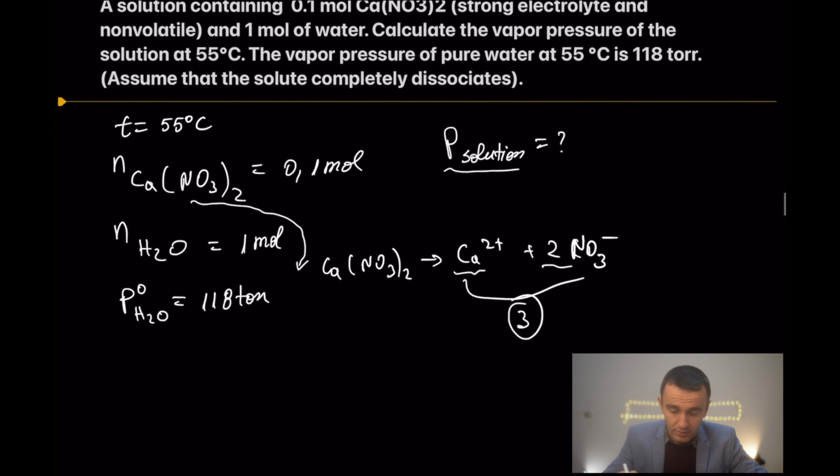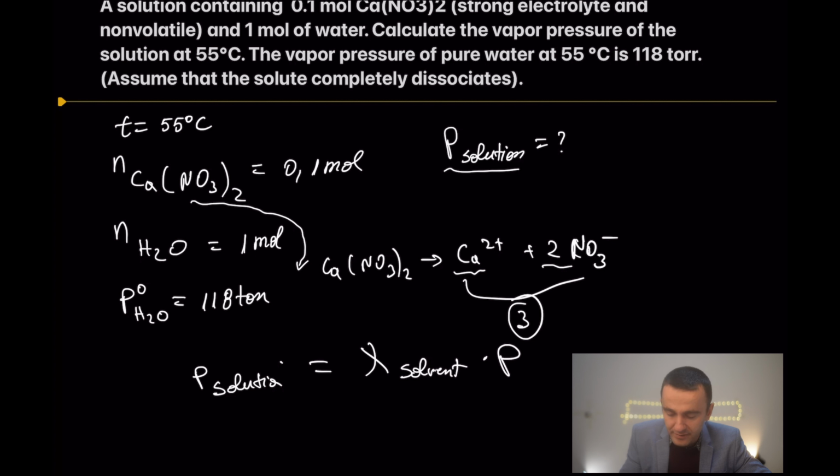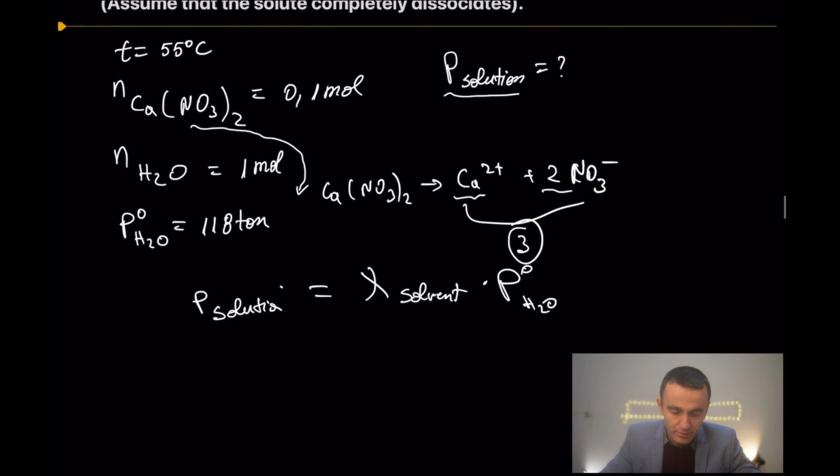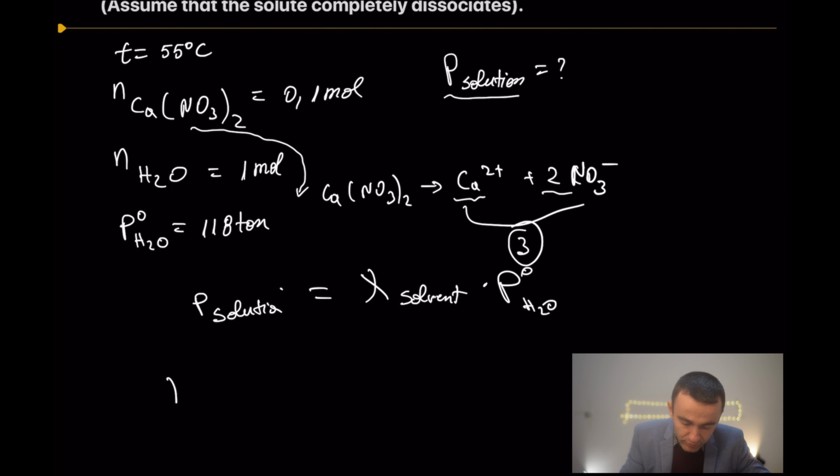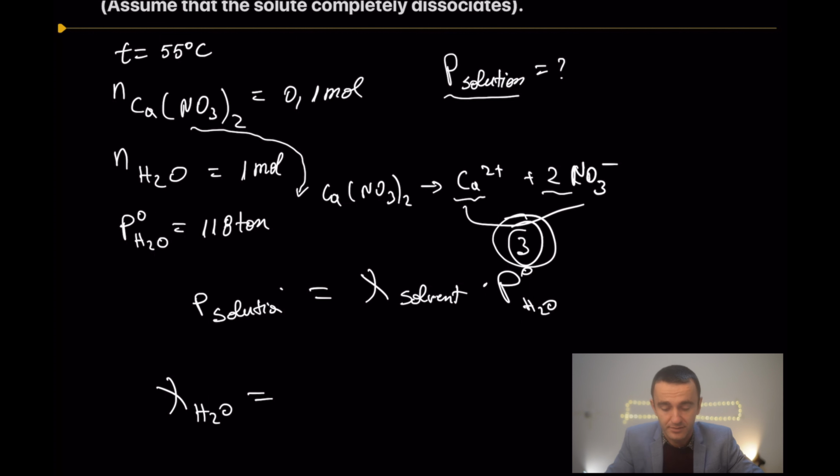So we know from the last example that the formula for Raoult's law is pressure of the solution equal to mole fraction of the solvent multiplied by the pressure of the pure solvent, in this case water. When we calculate the mole fraction for the water, which is the solvent, we are going to take into consideration 3 particles, not only 1 as a formula unit, because it's completely dissociated in the solution.